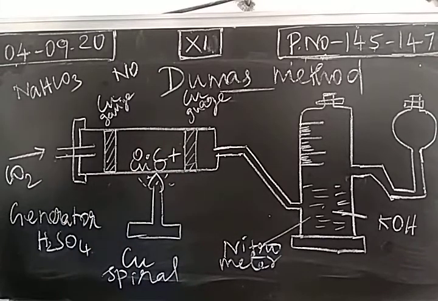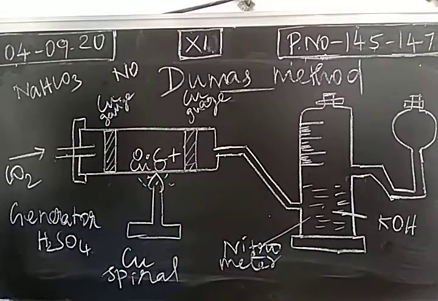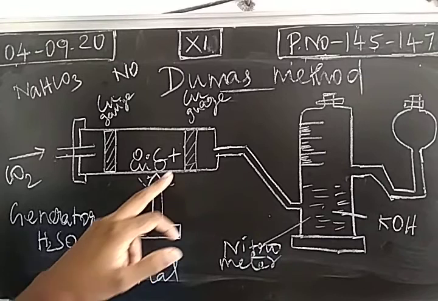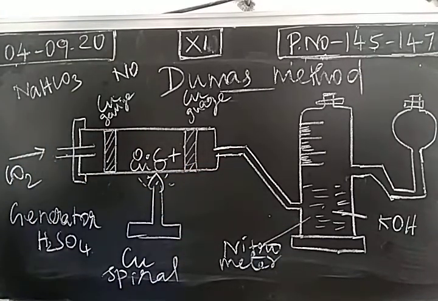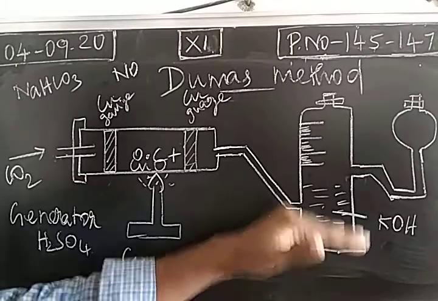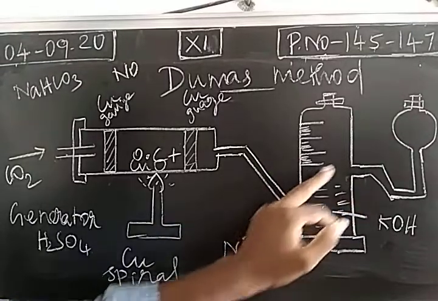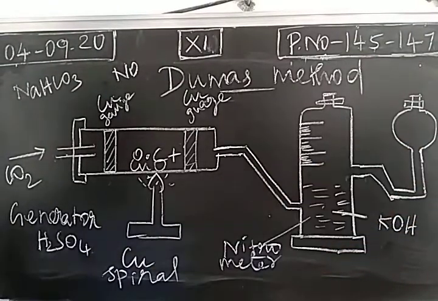So when we heat it, carbon dioxide and nitrogen gases will come out. If nitrogen is in the organic compound, N2 gas will come out along with the carbon dioxide. As we know, carbon dioxide will be dissolved in potassium hydroxide solution. It forms potassium bicarbonate. The level of potassium hydroxide slowly increases, so the potassium hydroxide solution will move into the side tube.